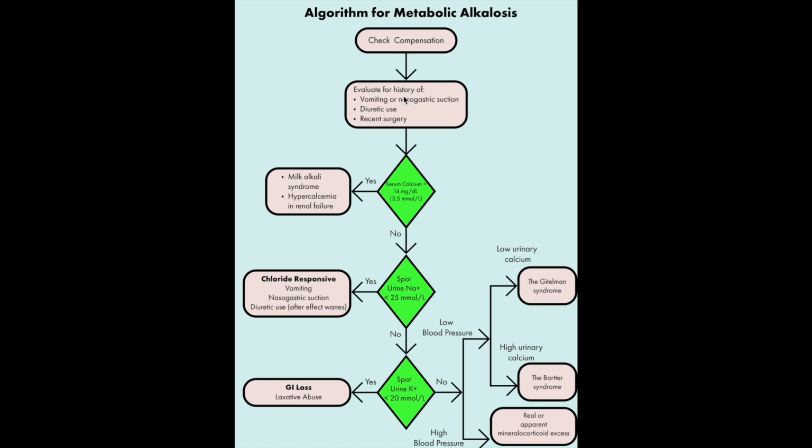If it is less than 20, then probably it is again because of some kind of a GI loss. And if it is no, then we will look at the blood pressure. If my blood pressure is high, it is because of mineralocorticoid excess, that is increased aldosterone effect. And if it is low, it is because of the diuretic effect. If it is a diuretic effect, then there are two syndromes, that is Gitelman and Bartter, which we will differentiate by looking at the urinary calcium.